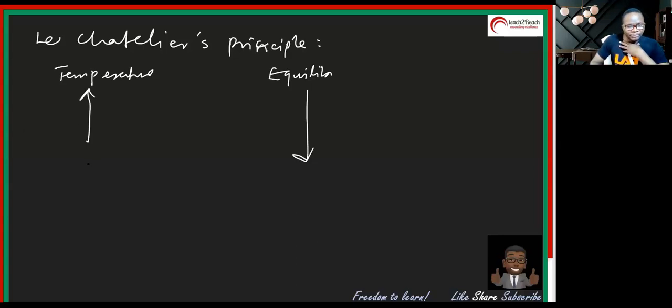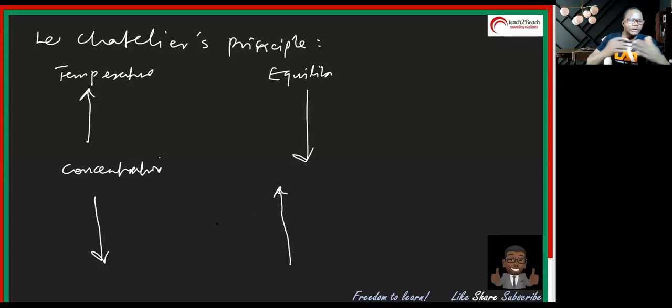If it was concentration, if concentration is reduced, for example, what will equilibrium do? Equilibrium will attempt to increase the concentration in order to restore equilibrium. The same thing happens to pressure. If the pressure of the system is increased, equilibrium will attempt to reduce the pressure.